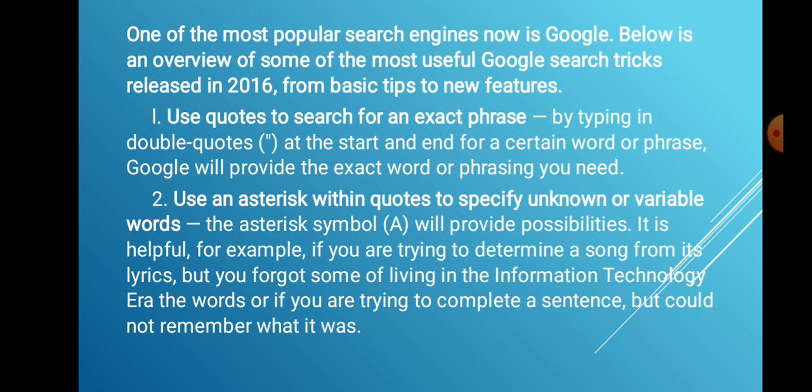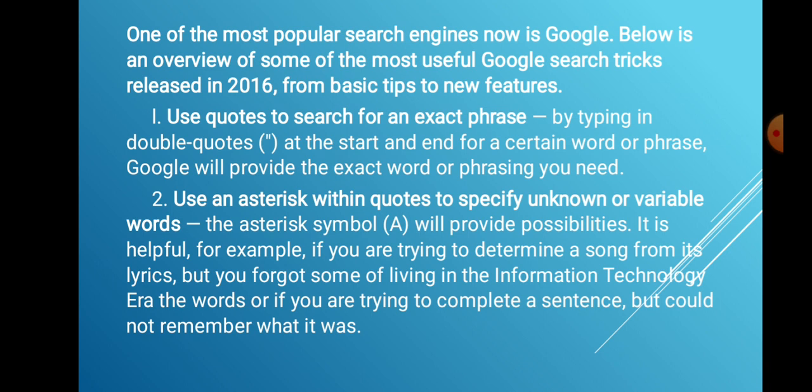Below is an overview of some of the most useful Google search tips released in 2016, from basic tips to new features. 1. Use quotes to search for exact phrases by typing in double quotes at the start and end of a certain word or phrase. Google will provide the exact word or phrasing you need. 2.